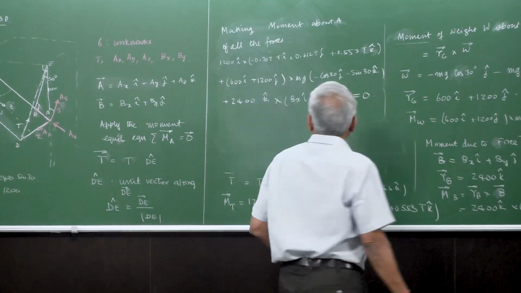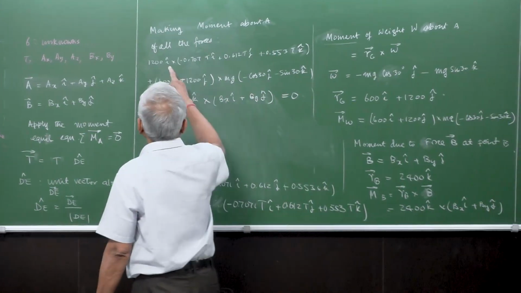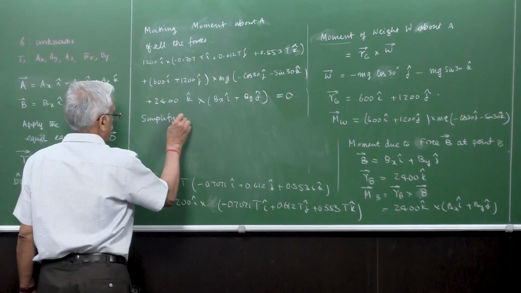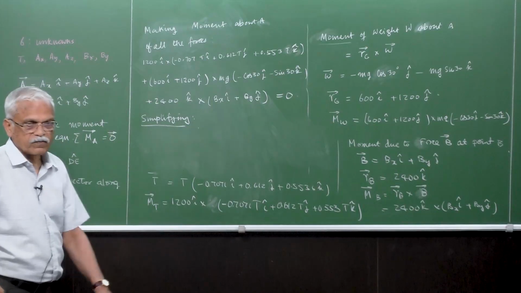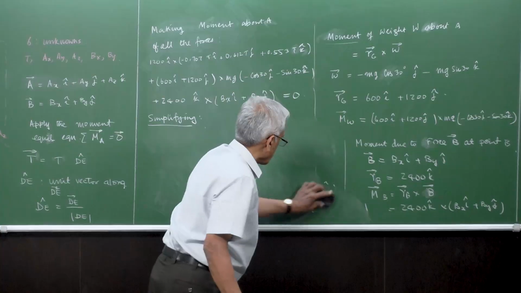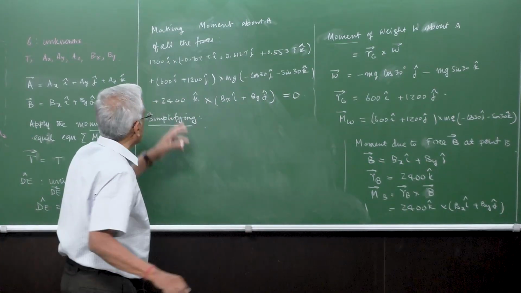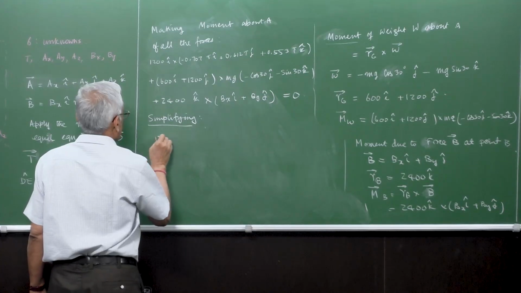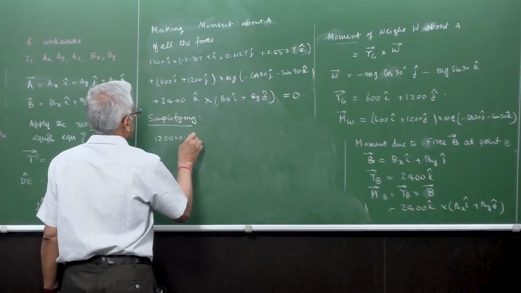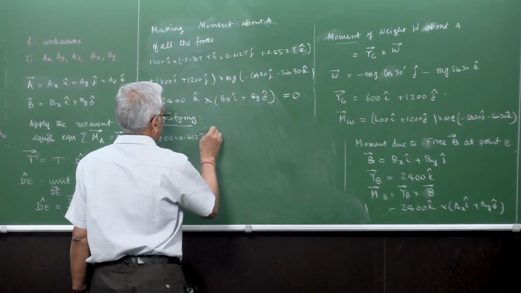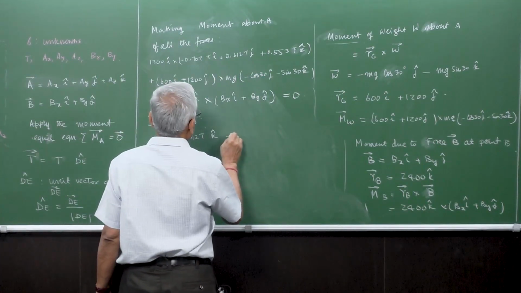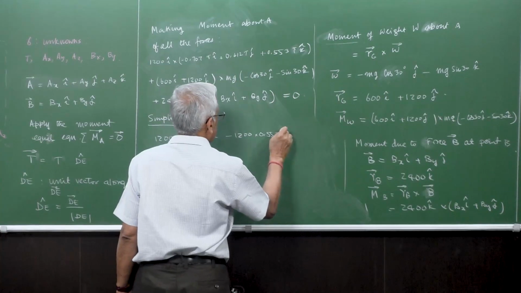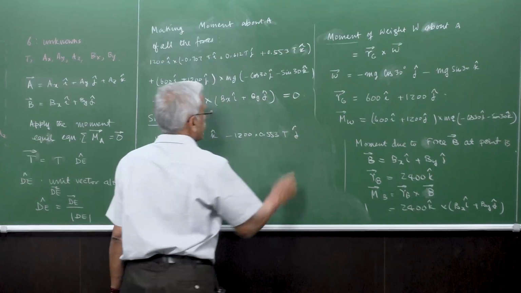Okay. So you can simplify it, and if you simplify the first one, for example, this is i cross i, so that is 0, and this is i cross j, which is k, so it is 1200 times 0.612 T k, and this is i cross k, which is minus j, so it is minus 1200 times 0.553 T j, right?